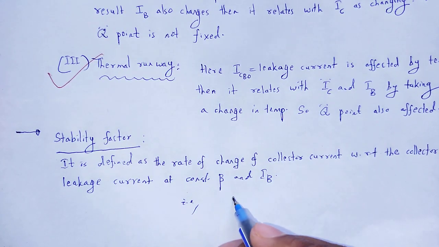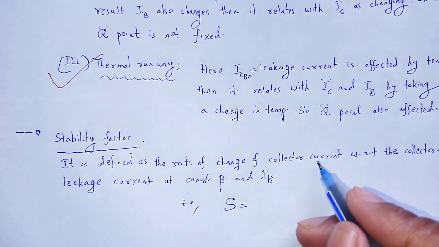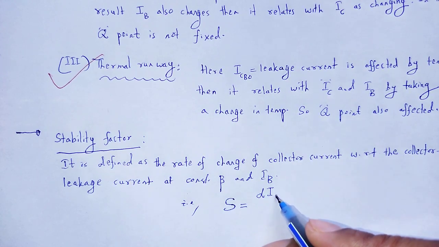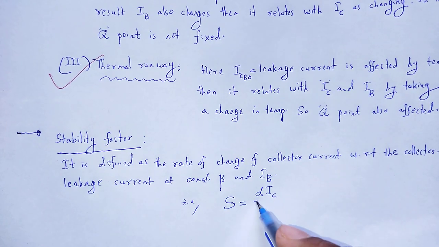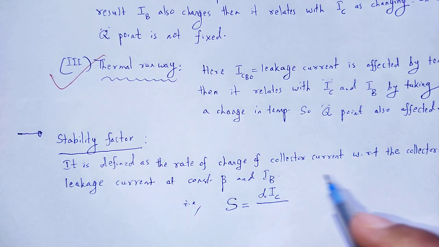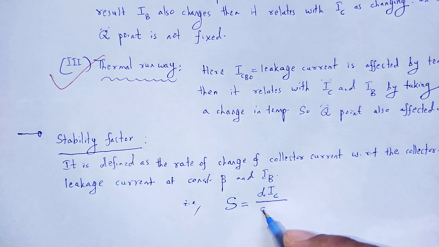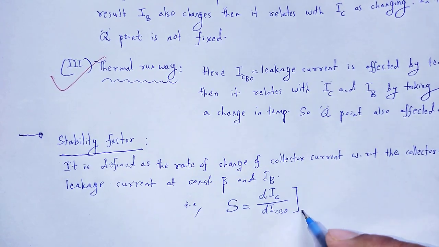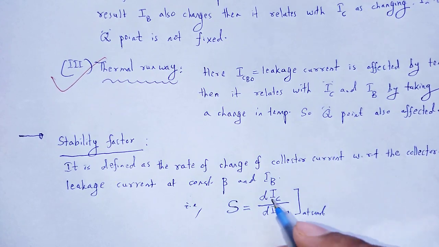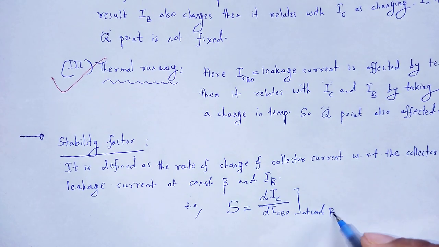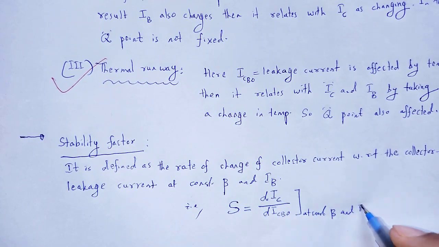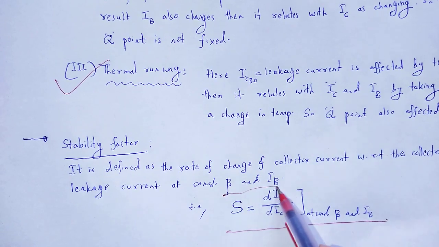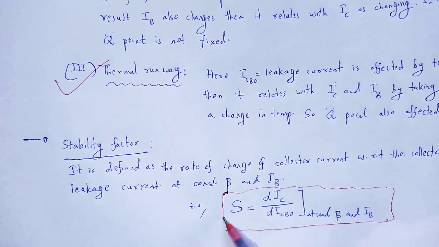So, the stability factor S is equal to the rate of change of collector current, d of IC, with respect to the collector base leakage current, d of ICBO, at constant amplification factor and base current. Mathematically we define the stability factor.